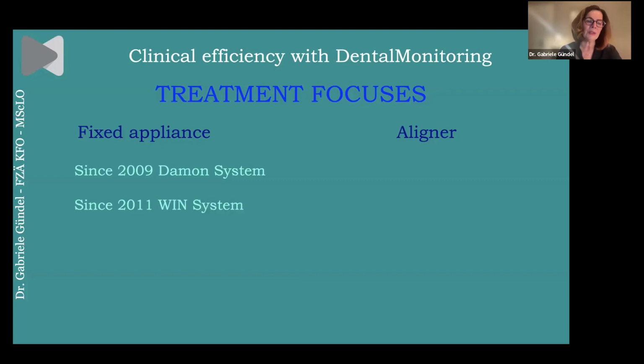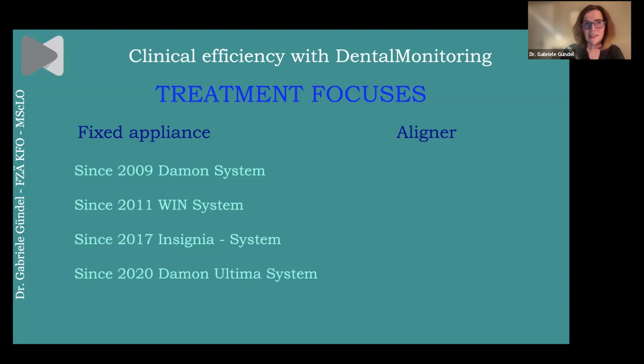Additionally, since 2011, also with lingual appliances, with the WIN system. Since 2017, I changed all of my Damon cases to the Insignia system. And since 2020, I again changed my treatment appliances, my Damon appliances, to the Damon Ultima system.